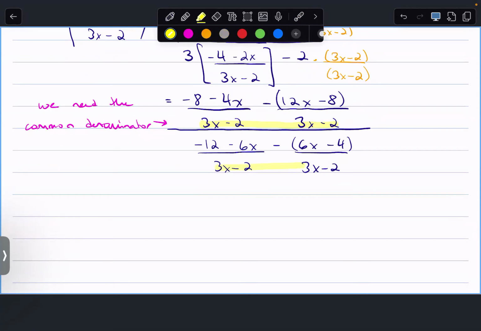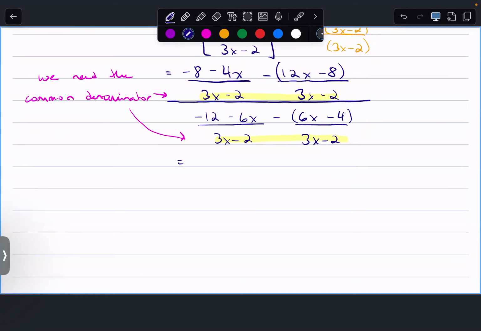And again, we need this common denominator. Once you have the common denominator to add and subtract fractions, right, then what? -8 minus 4x minus 12x plus 8, expanding in that subtraction and putting it over the common 3x minus 2.